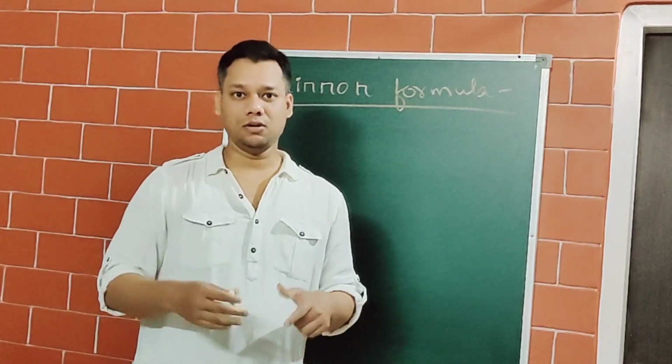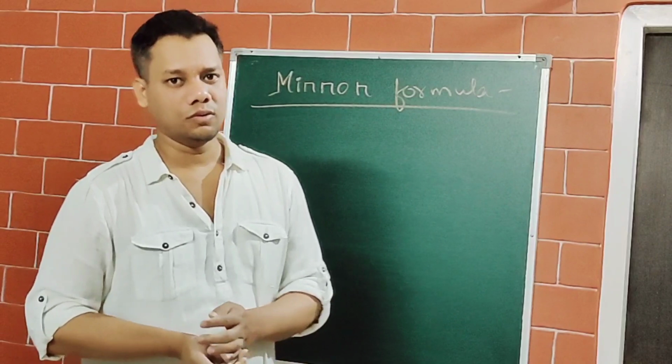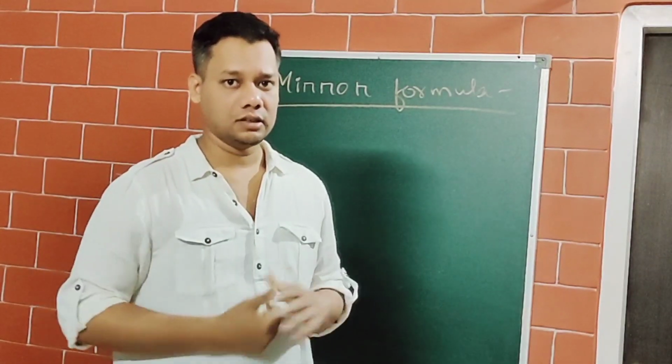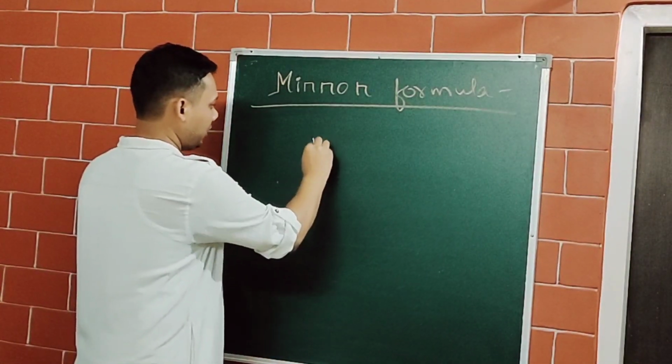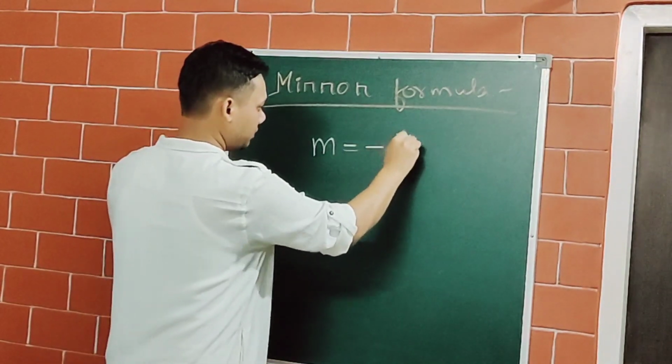Is there any formula to know how many times the image will be magnified? This formula is, magnification is denoted by m. m is equal to minus v by u.